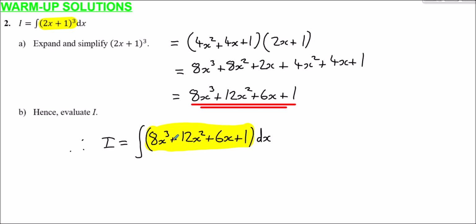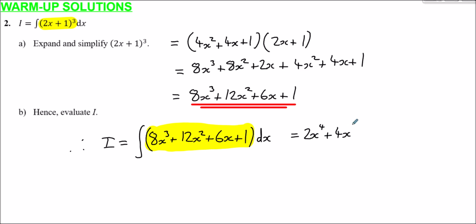Anyway, doing this first of all, 8x cubed, add 1 to the power, goes to 8x to the 4, then divide by the new power. 8x to the 4 divide by 4 will give us 2x to the 4. This one becomes 12x cubed divide by 3.